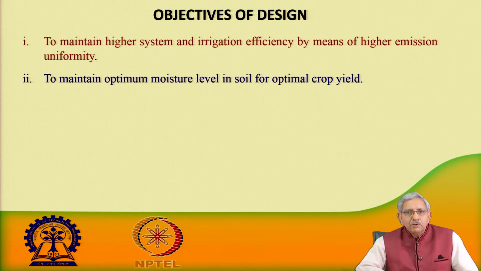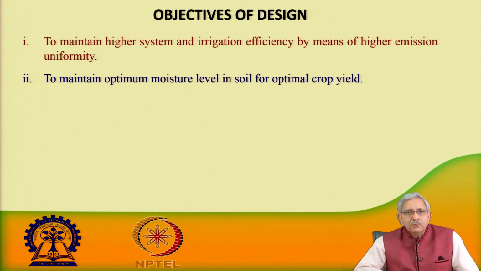This is only possible when our system is perfectly hydraulically designed and the drippers are properly chosen, they are free from any problems related to clogging, then only we can achieve high emission uniformity.